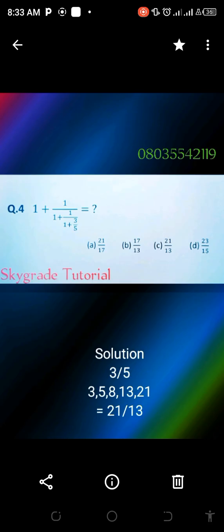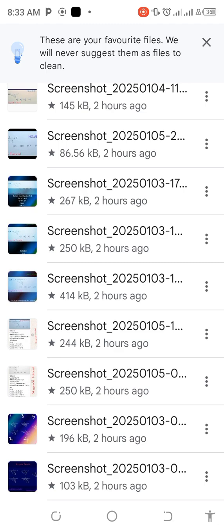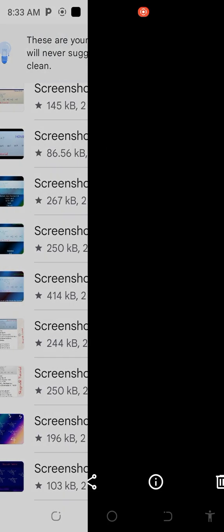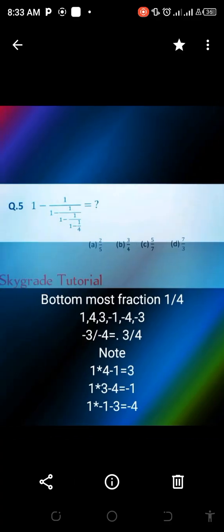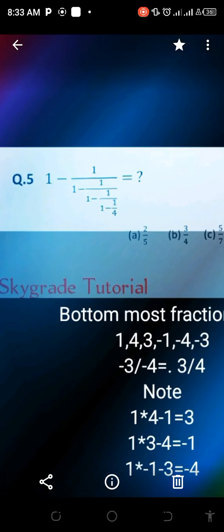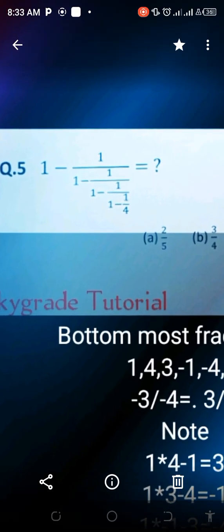The next example is question 5. Question 5 says, evaluate 1 minus 1 over 1 minus 1 over 1 minus 1 over 1 minus 1 over 4.